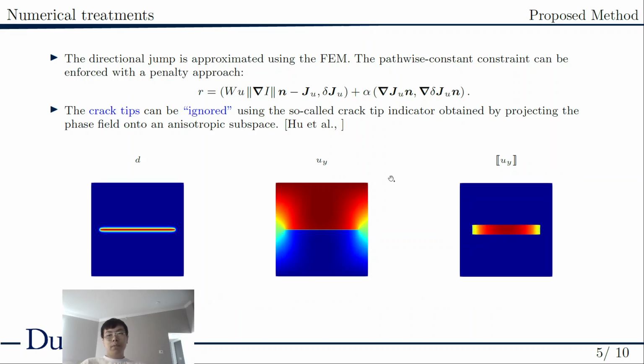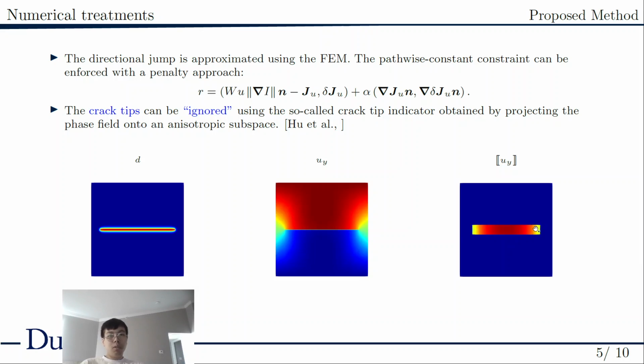So we propose to find a crack tip indicator function, which is obtained by projecting the phase field onto an anisotropic subspace. And for the interest of time today, I'm not going into too much detail about it, but we will show more details in the manuscript that we're preparing right now. So with the crack tip indicator function, we're able to exclude the crack tips, and the resulting displacement jump estimation is much better.